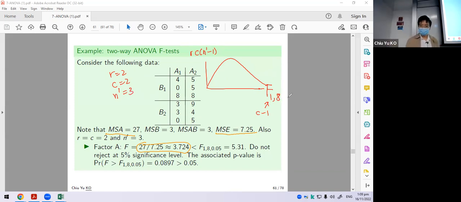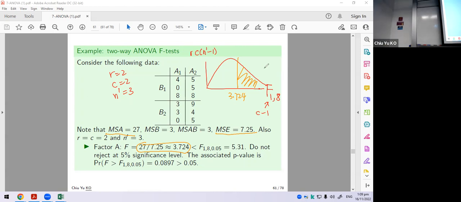So the question is whether this 3 point is going to be big enough. So you do this for the MSA, and you do the same for the MSB and MSAB.